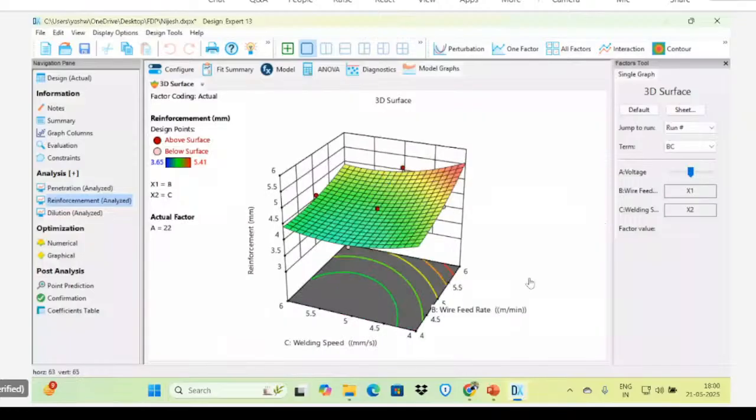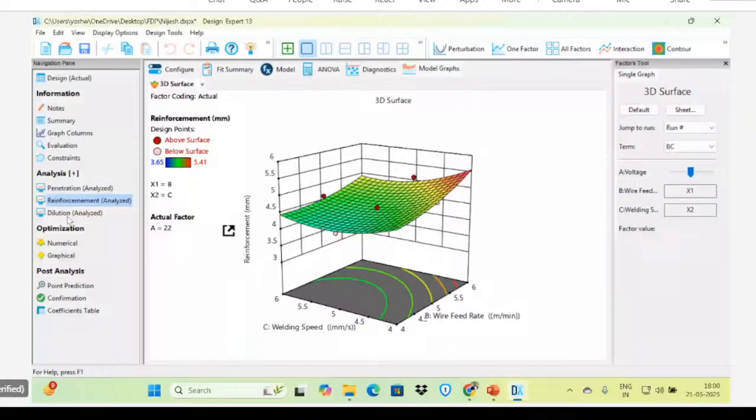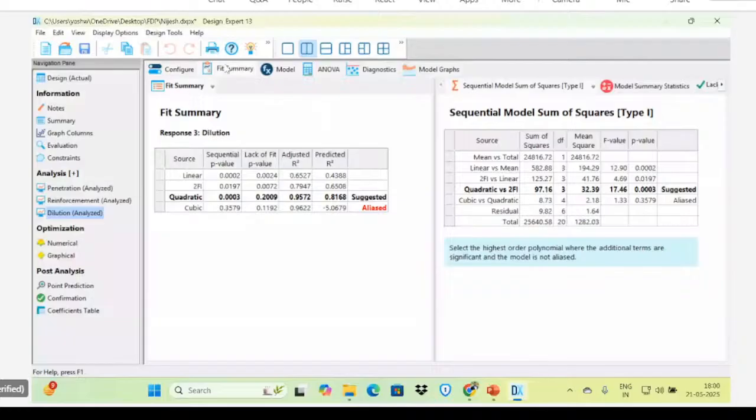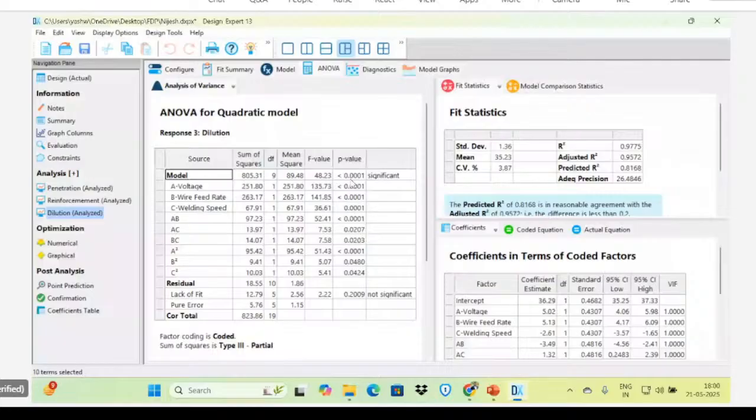Again, the third and final thing is dilution, which you can do. Again, you have to follow the same steps. The quadratic model ANOVA should be there, and p should be less than 0.05. Now you can see voltage and wire feed rate have almost the same, higher F value.